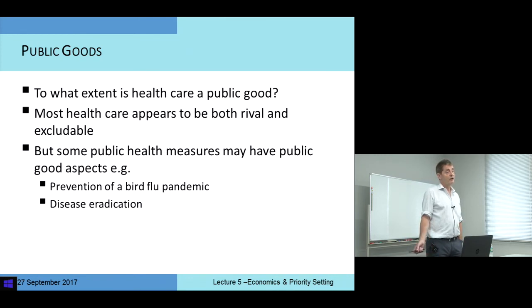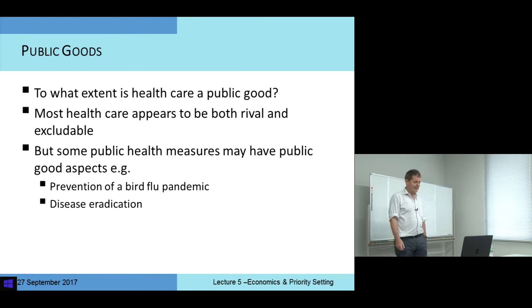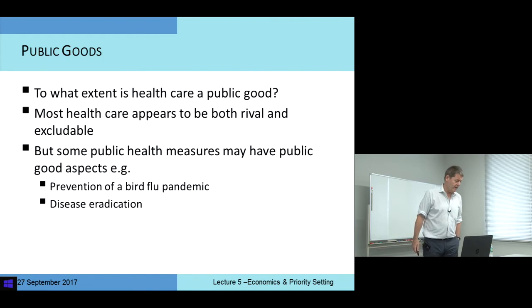There's not less protection for others if we provide protection for one group, so it's non-rival. And I think it's non-excludable. If you protect one group, that's definitely going to confer a benefit on others. Another example, slightly rarer, is disease eradication. Eradicating smallpox is a public good, non-rival, non-excludable.